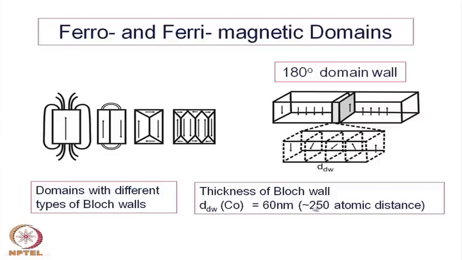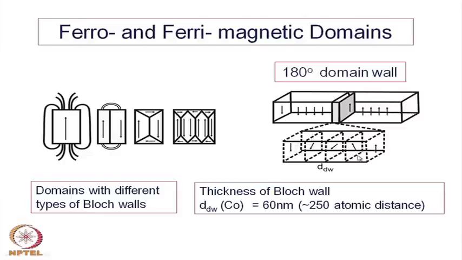So, one can see that there are about 250 atomic distances or interatomic spacings. So, there is a gradual changeover, one can see here. This is completely downwards, then there is some amount of change, and then it is almost horizontal here, then it rotates still further, and finally on this plane it is perfectly parallel or opposite to each other.